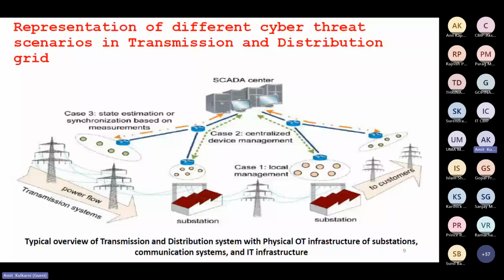Case 2 is a substation connected to some control center or another neighboring substation, and case 3 is substations connected to the control center with synchronized data coming, where you can have a SCADA system running, a WAM system functioning, etc.